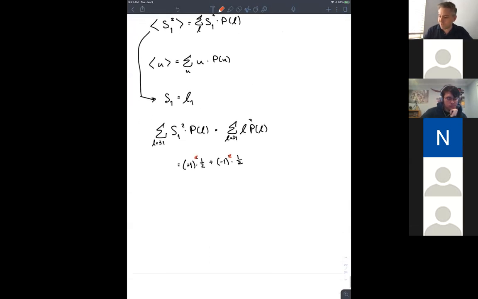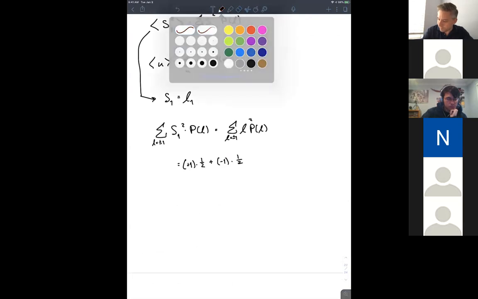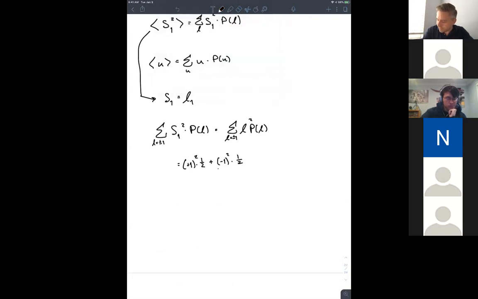Okay, but now what we're doing by squaring this is that -1 gets mapped into +1. And we've broken that symmetry, and now this thing no longer comes out to be 0. It comes out to be equal to 1. Neat. Okay, so in other words, the average of S1 squared equals 1. Wow, amazing.